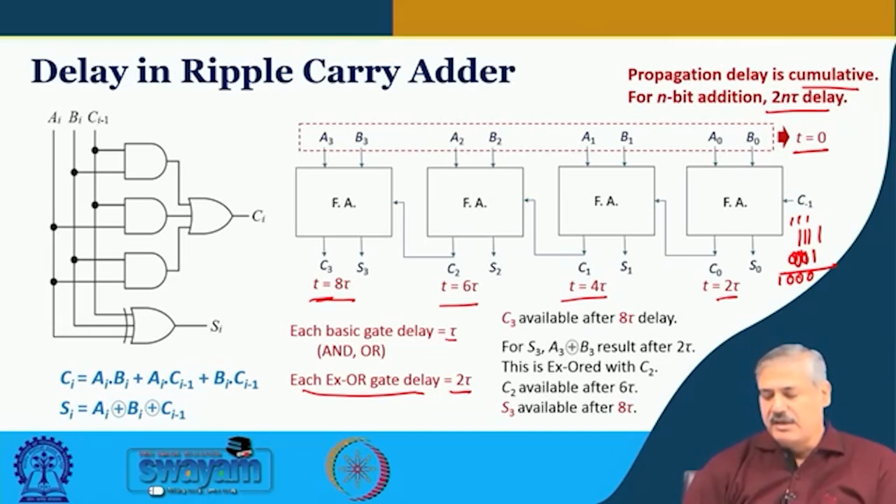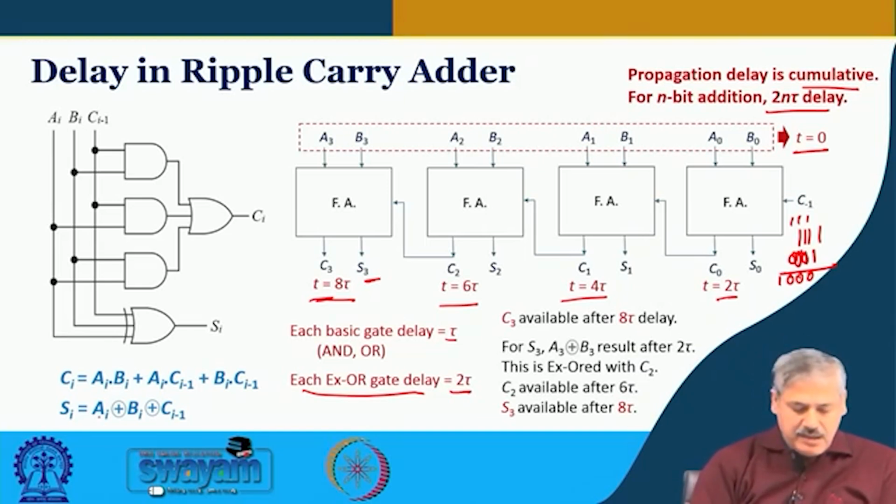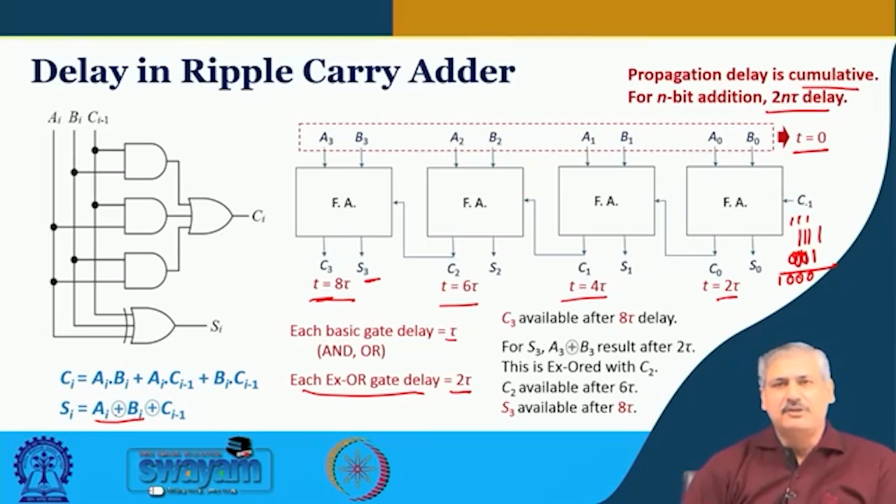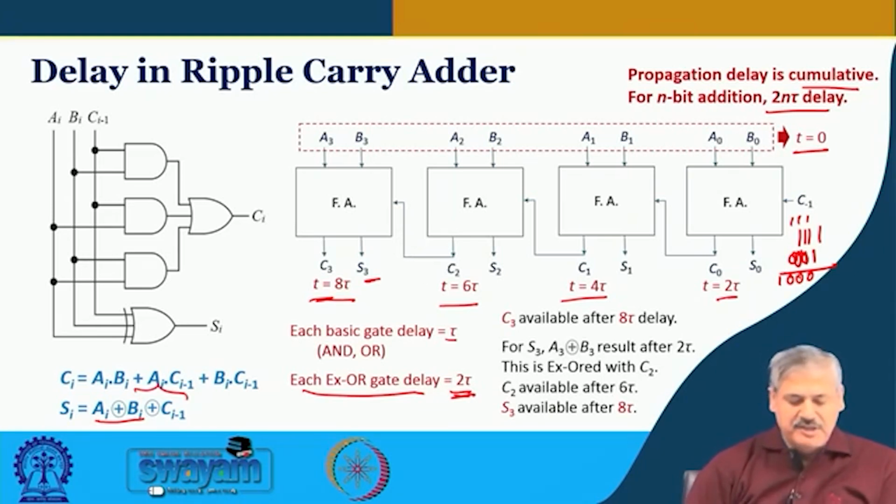And let us see what is happening for the sum bit generation. So, we consider say S 3. S 3 will be A XOR B XOR C, right. So, the first XOR part is done in 2 tau time, the XOR gate delay is 2 tau. Okay. And C 2 is available at 6 tau. So, after that another XOR operation is required.